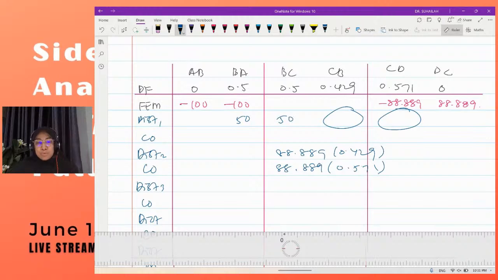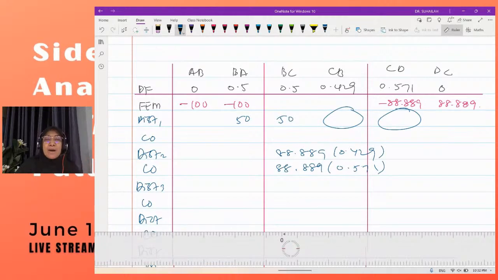For table number 2, you need to focus on step 3A in order to find the right FEM due to side sway. And the FEM under step 3A will be based on assumption. We need to assume FEM for one column. Let's say the column that we assume is AB.